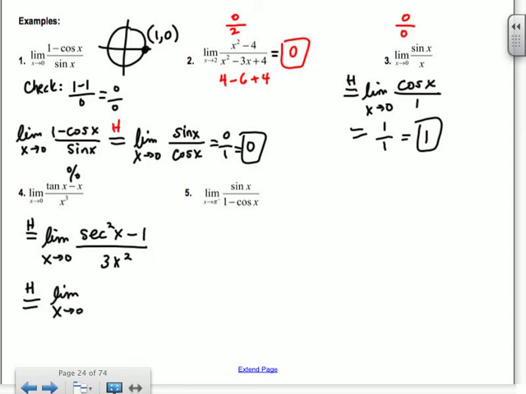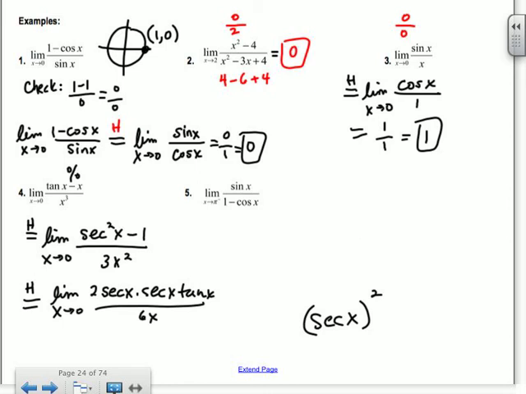Now it's a little bit harder though, because now you have secant squared. So think of secant squared as secant x squared. So you're going to have 2 secant x times derivative of secant x, secant tangent x, minus 0, all over 6x.